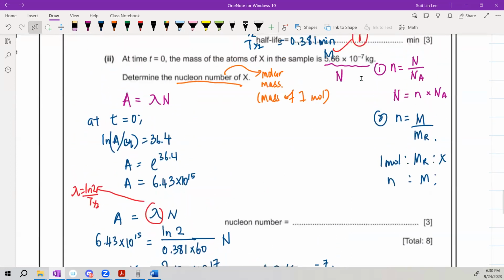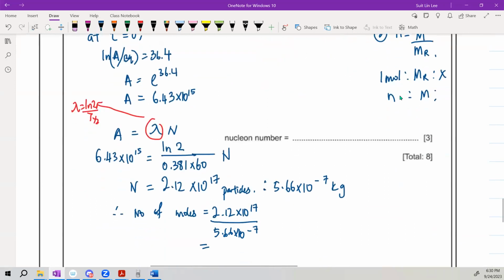But then, wait, why did I divide by this? My bad. Number of moles is actually N over NA. Hashtag not a chemistry teacher. So 6.02 times 10 to the power 23. How do I know I'm wrong? Number looks weirdly low.